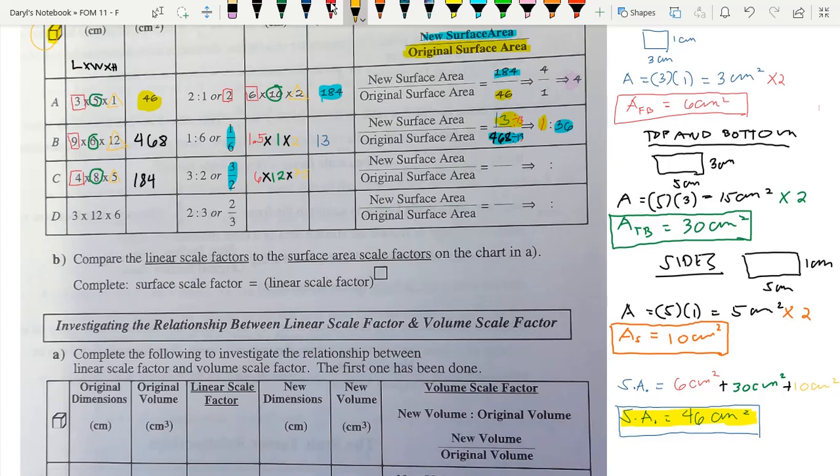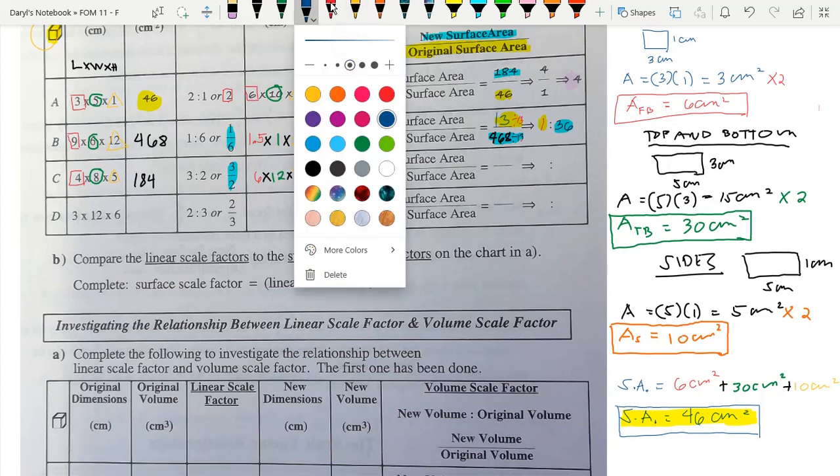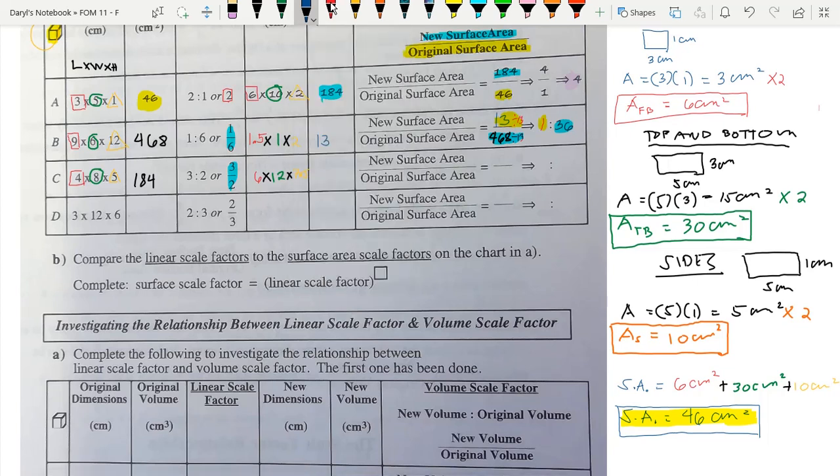Okay, so these are my new dimensions, and if I get the new surface area of this rectangular prism with these new dimensions, it should give me an answer of 414 cm squared.